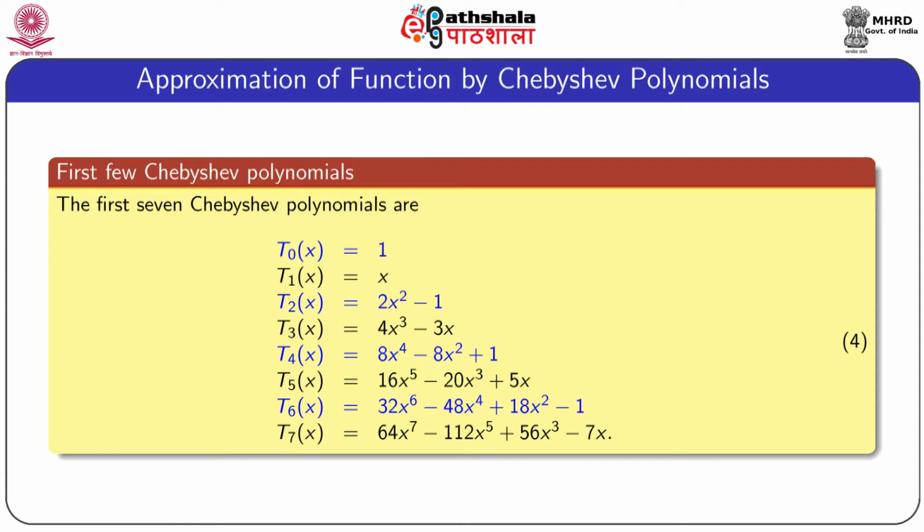Similarly, in the function T5(x) the powers of x are 5, 3, 1, that means all the powers of x are odd. Similarly, the powers of x in T7(x) are 7, 5, 3 and 1. That means all the powers are odd for odd suffix polynomials, and for even suffix polynomials the powers of x are even. For example, in T6 the powers of x are 6, 4, 2 and so on.